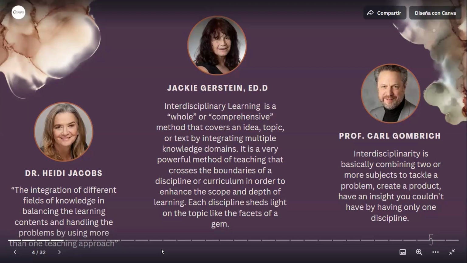So after having these definitions, and having provided a general definition or refreshed some concepts, I would like to ask a question in relation to this. That is, what world are we preparing our students for? Because whatever we are doing now will prepare our students for 5, 10, or 15 years from now.